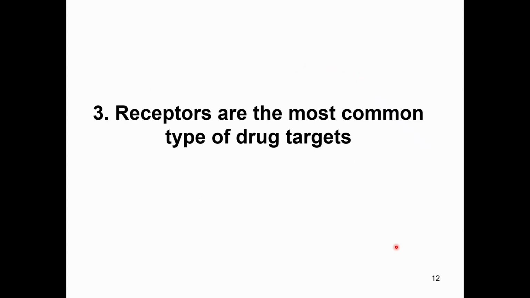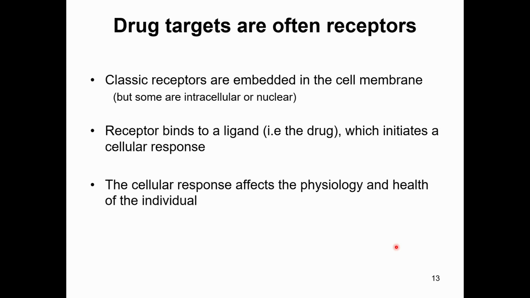Okay, so I want to just change gears a bit and talk about receptors, because receptors are the most common drug targets. They're not the only drug target, but they're very commonly the drug target. And so let's talk a little bit about receptors. You've already heard a lot about receptors in this course so far and elsewhere in your education, but just to review, most receptors are embedded in the cell membrane, and they're there to do something, right?